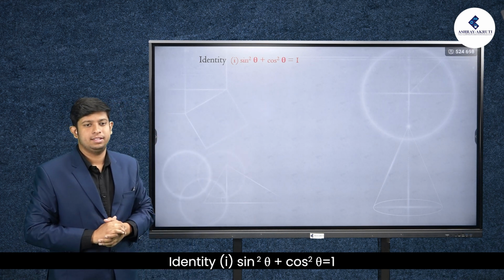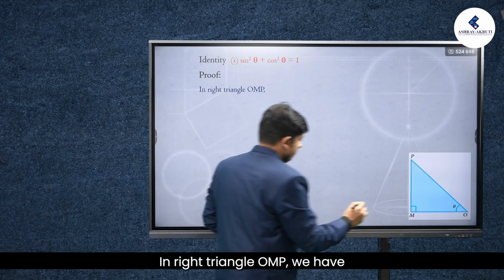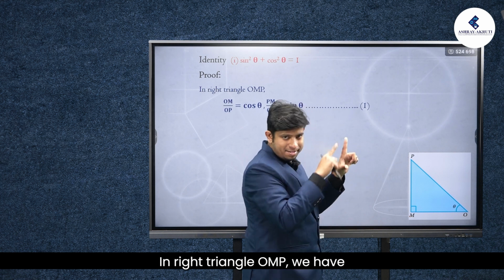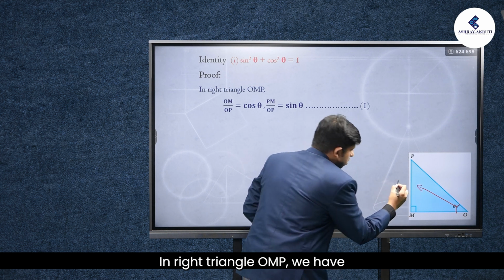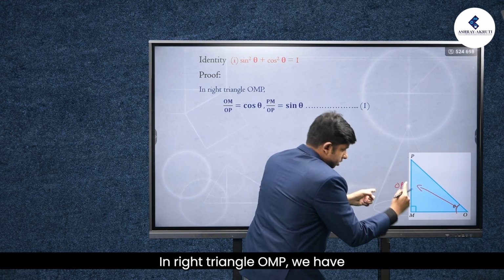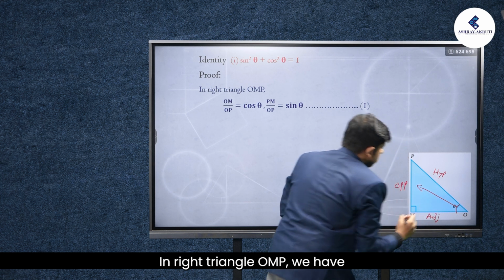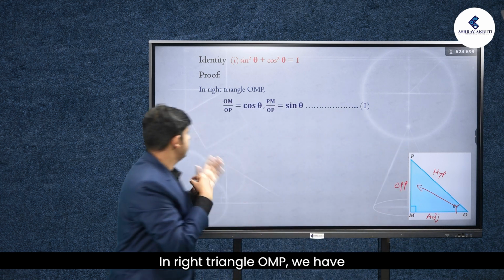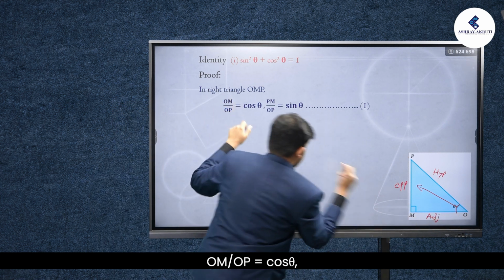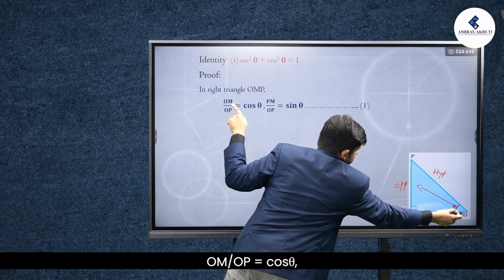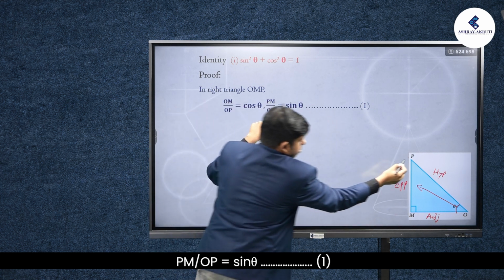Identity 1, sin square theta plus cos square theta is equal to 1. Proof. In right triangle OMP, we have OM by OP is equal to cos theta, PM by OP is equal to sin theta.